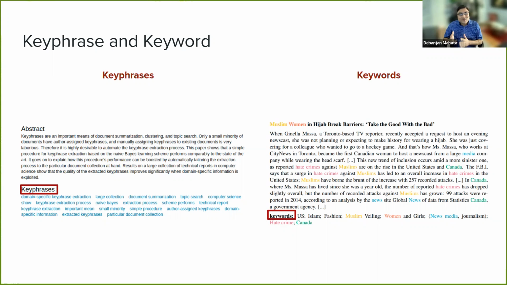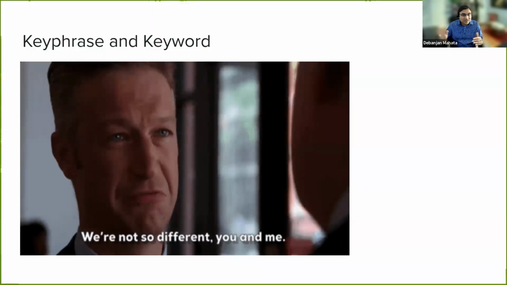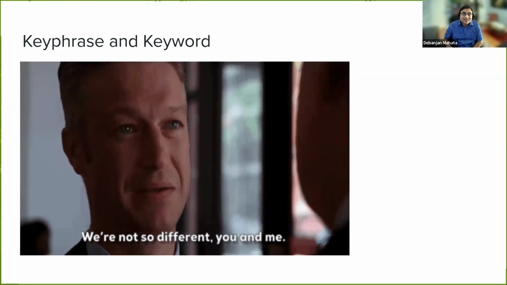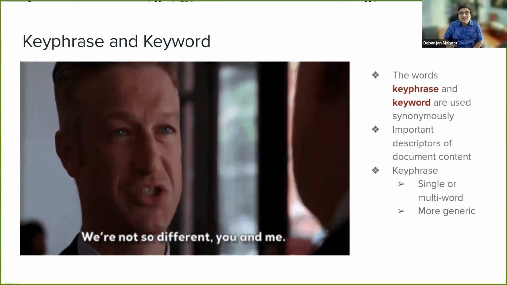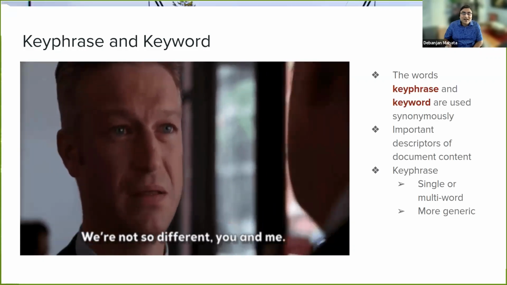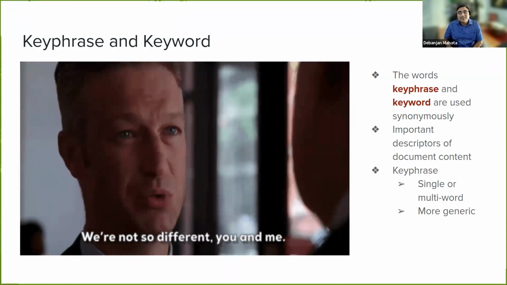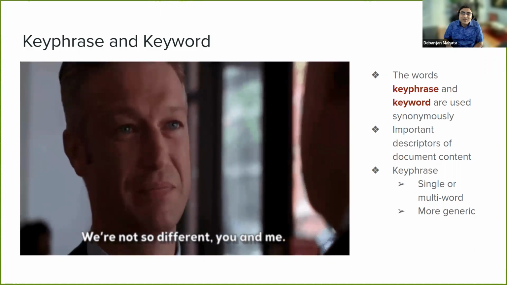What is the difference between key phrases and keywords? Are they different? Are there different techniques to identify them? Essentially, they are not different, and they are pretty much the same. The words key phrases and keywords are used synonymously throughout the literature, and they are essentially important descriptors of the document content.